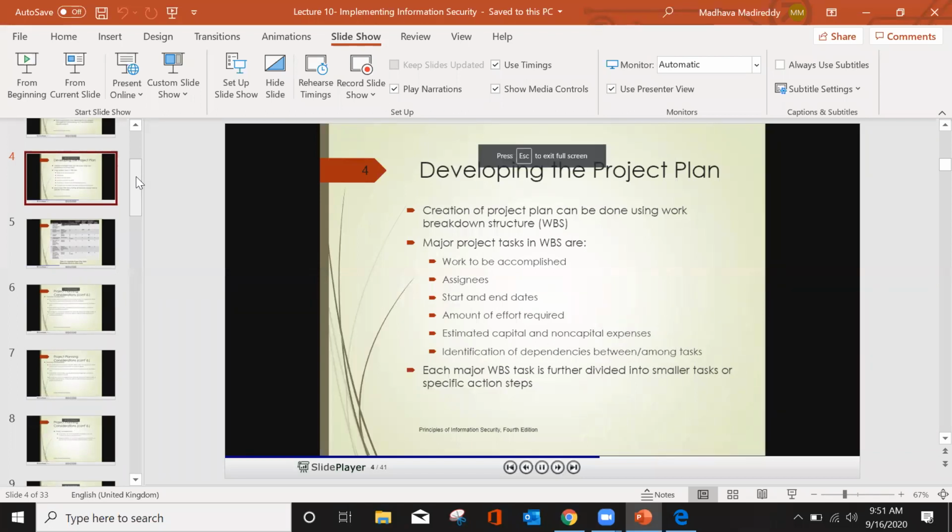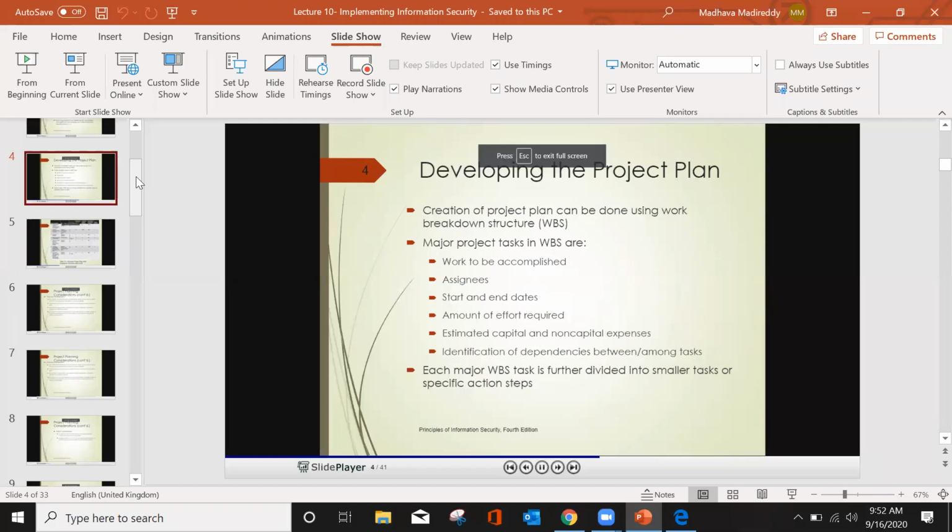The creation of a project plan is primarily done using a work breakdown structure. We call this WBS. In a basic work breakdown structure, first of all, you list what work is to be done, and then you assign the work to the people who will do it.